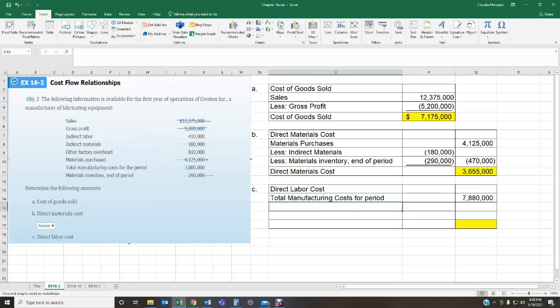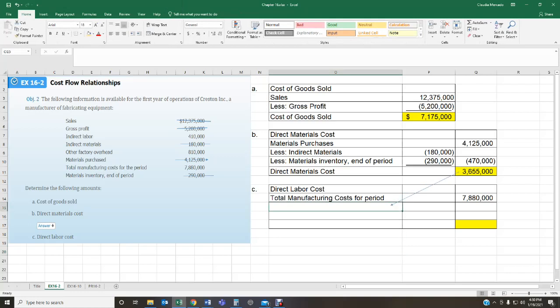We calculated that in requirement B. So I'm going to deduct my direct materials cost, and my direct material cost is $3,655,000. I'm going to deduct it because I've already figured that out. I know that I spent $3,655,000 in materials.